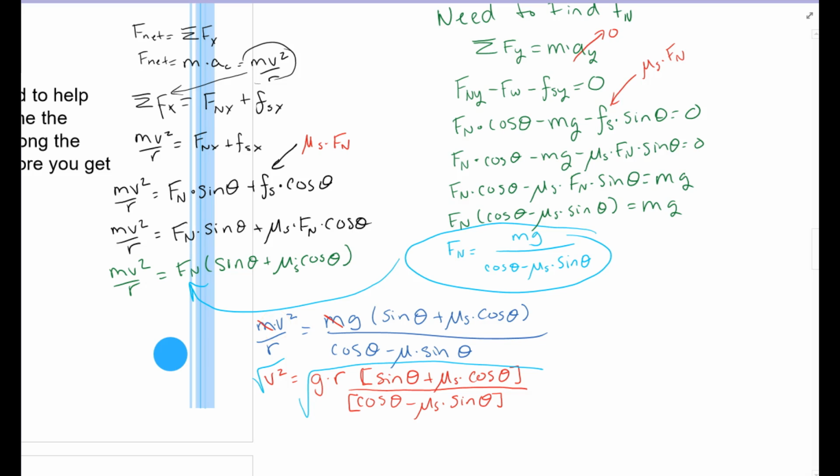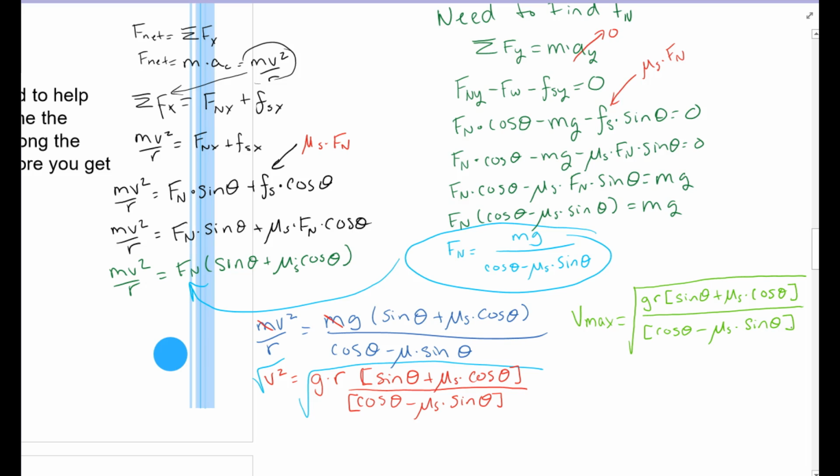I'm going to rewrite it one last time. My maximum velocity that I can go around a banked road is equal to the square root of gr times sine of theta plus coefficient of friction times cosine of theta, all over that difference, cosine theta minus mu s sine of theta.